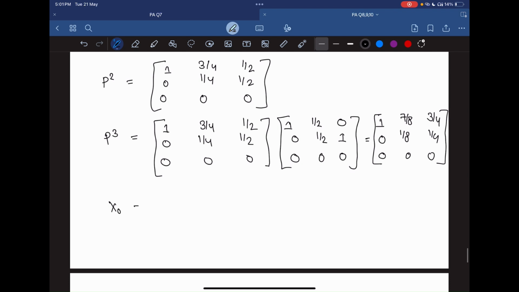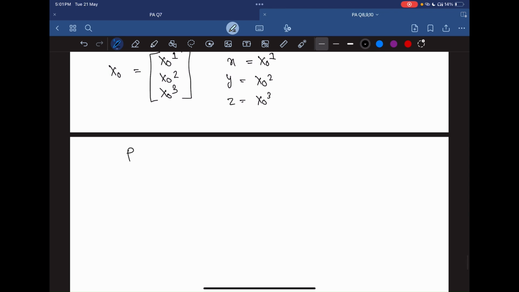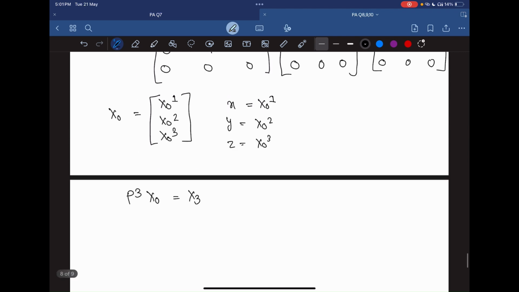Now our x0, that is the initial distribution vector, is denoted by x01, x02, x03, and again we will use the notation x equals x01, y equals x02, z equals x03 for the simplicity of our equations. So our equation is P cubed x0 equals x3, and x3 was given as (1, 0, 0).